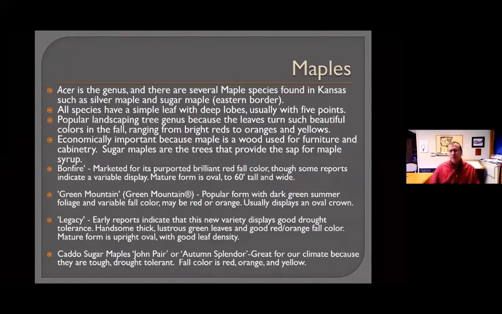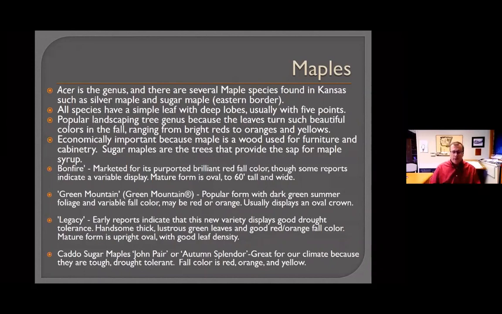But if you can find varieties of Caddo sugar maples, and there are more and more of those coming on the market all the time, those would be the types of sugar maples that I would plant, because they're a little bit more drought tolerant and hardy for our environment.